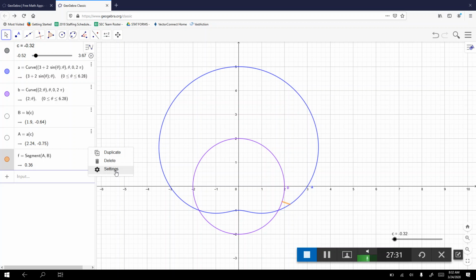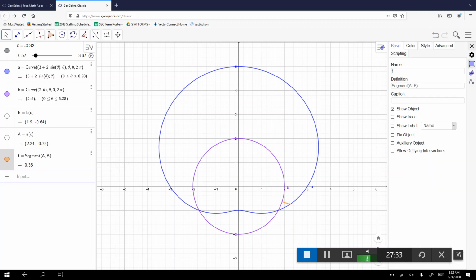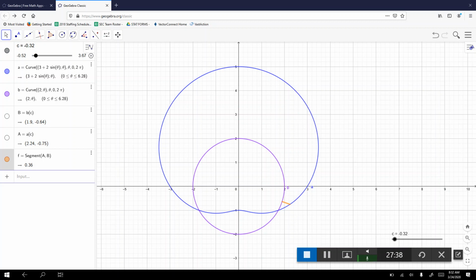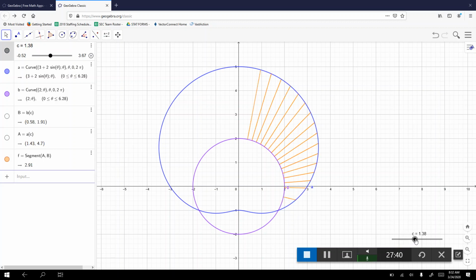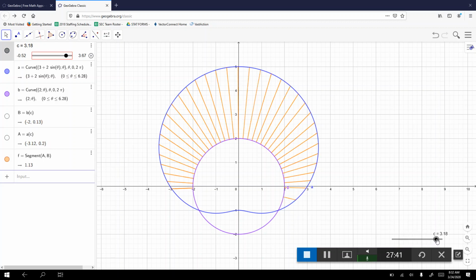Now, just to make this a little bit more interesting, let's start a trace. So let's show that trace. Awesome. So this is the domain that we're looking for here.